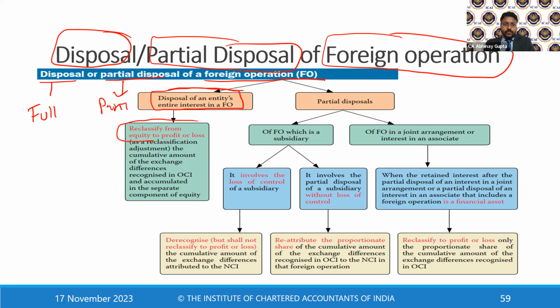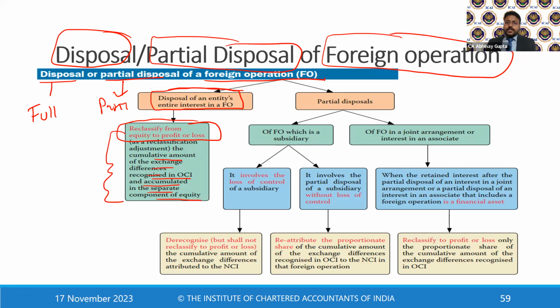Reclassify from equity to P&L, right? That we have already discussed earlier as well. So as a reclassification adjustment, the cumulative exchange difference recognized in OCI and accumulated in a separate component of equity will all be reclassified.